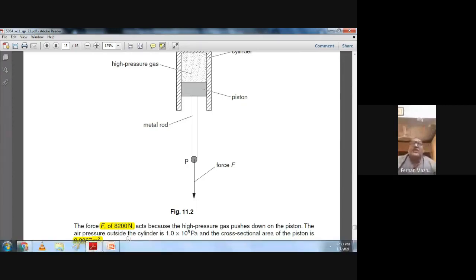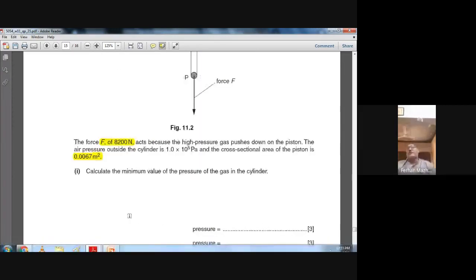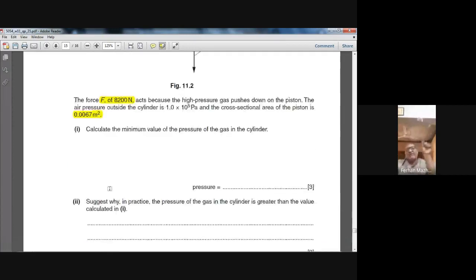It's a 3 mark question. Calculate the minimum value of the pressure of the gas in the cylinder. The pressure of the gas inside the cylinder has to overcome the atmospheric pressure, plus it has to give the pressure which is force by area. Let me show you my work.